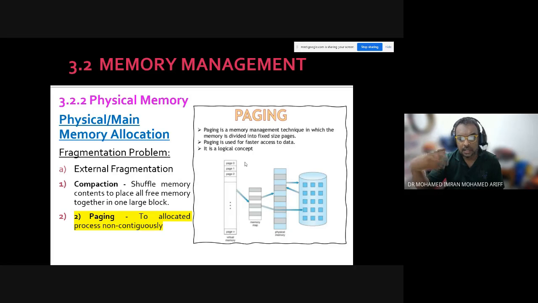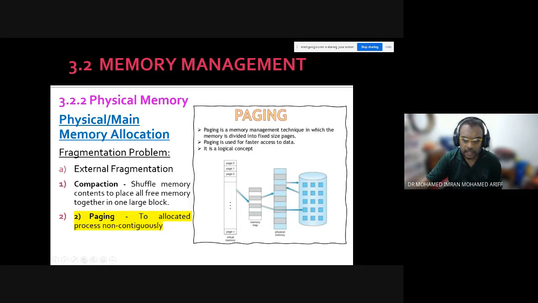Unlike compaction, where the process is not broken down, in paging the process is broken down into several sub-processes. Each sub-process is called a page. So one process is broken down into several pages.